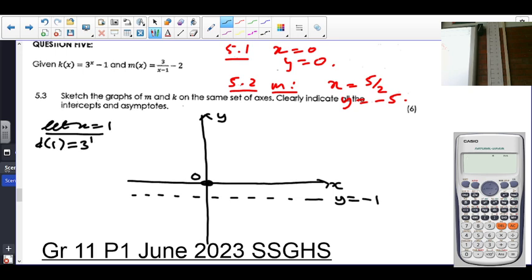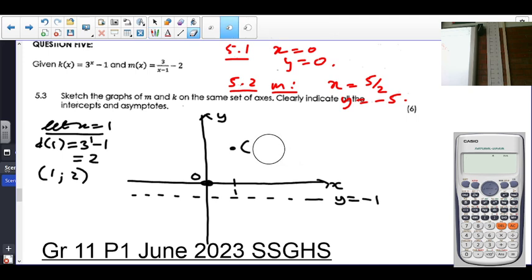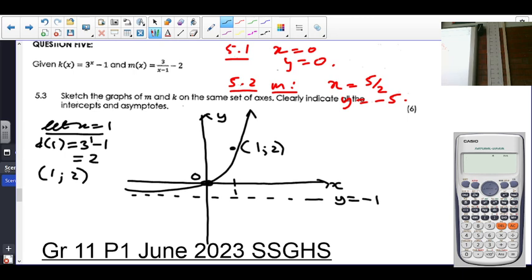So K of 1 is equal to 3 to the 1 minus 1, which is 2. So the other point is 1 and 2. So if x is 1, y is 2, so it's approximately there. As you can see, it's an increasing exponential function. Okay, and that is the graph of K of x.